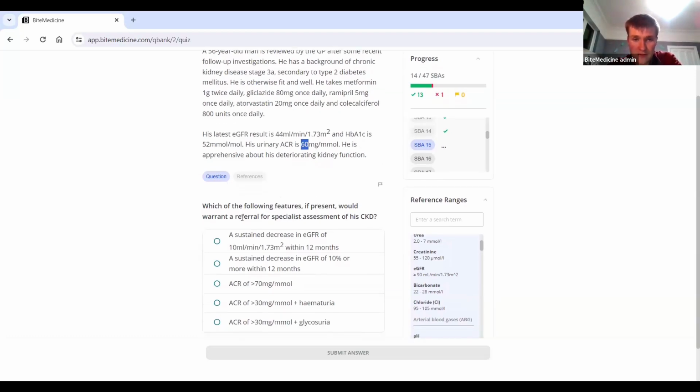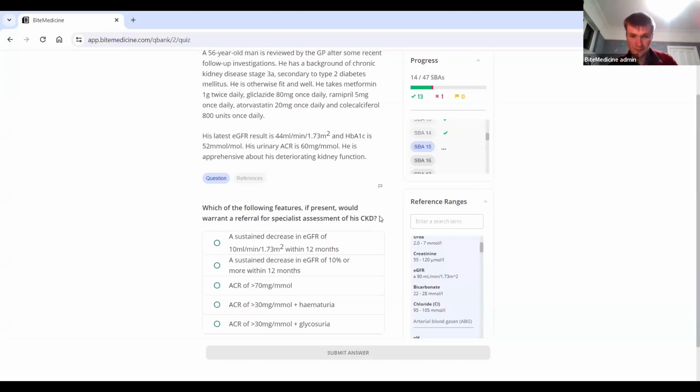Which of the following features, if present, would warrant a referral for specialist assessment of CKD? So this, guys, was something I mentioned much earlier on. This is your nice criteria for referring to a nephrologist with CKD. Now, looking at that question, specific to this patient, I think I mentioned earlier it had to be a sustained decrease in eGFR of 25% or more.